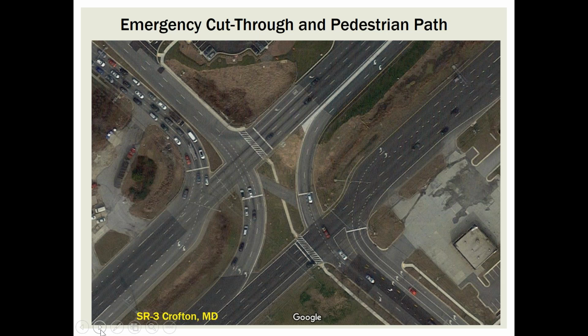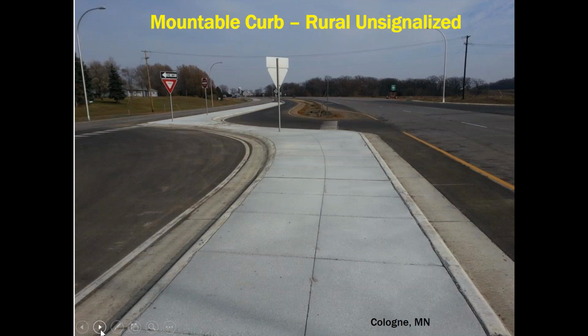You also see the pedestrian crossing there down the middle and going across that, just a paved area for emergency vehicles only. Another strategy that's probably more common for emergency vehicles is to subtly change the type of curbing. So you see in the very center there, it is a mountable curb. It's a sloped curb.